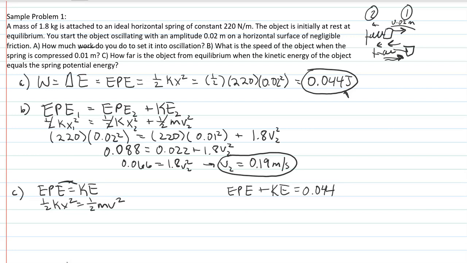So I'm going to solve this expression for kinetic energy because I know that's what I eventually want to plug in. And then I'll say 1/2 kx squared is equal to 0.044 minus EPE.